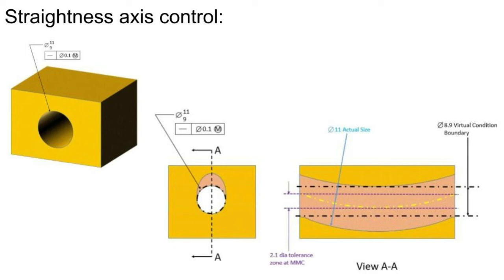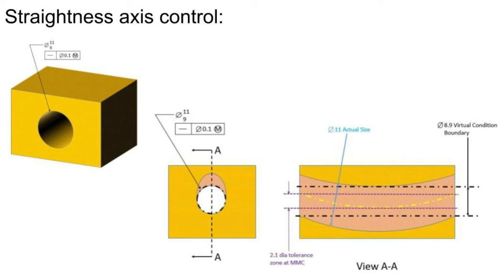The 11 inch hole size is the least material condition of the hole. Since straightness is specified at the maximum material condition, we are going to get bonus tolerance. The bonus tolerance is the actual size minus the hole size at the MMC. So 11 minus 9, we get 2 inch diameter, which is the bonus tolerance, and 0.1 inch diameter at the MMC.